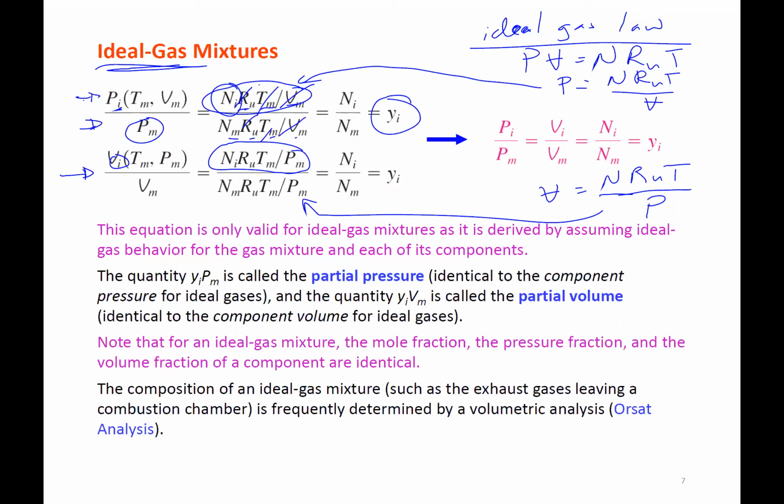We have the number of moles, and then here it's for the mixture, so everything's at the mixture. Well, these things cancel out again. You're left with moles of the component divided by the mixture. So you have the mole fraction. So the partial pressure of that component divided by the mixture's pressure is equal to the mole fraction. Right? So this shows you how you can rearrange it.